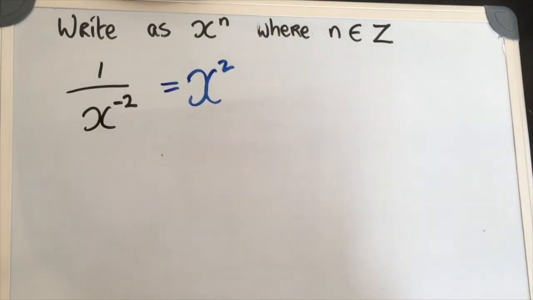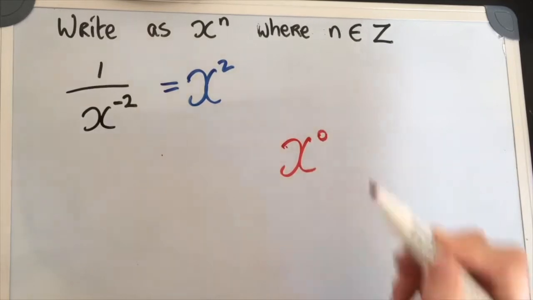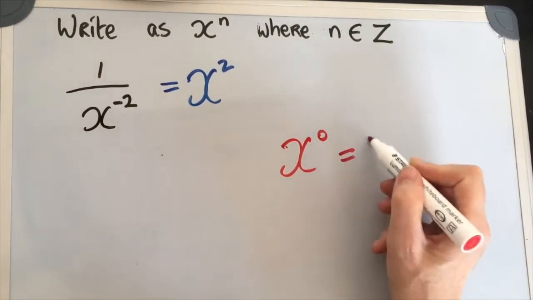The answer is x to the power of plus 2. Now let's just have a think about that. When we're dividing, we can only divide if the bases are the same. So 1 isn't the same base as x. So from a previous video, I saw that x to the power of 0 is equal to 1.